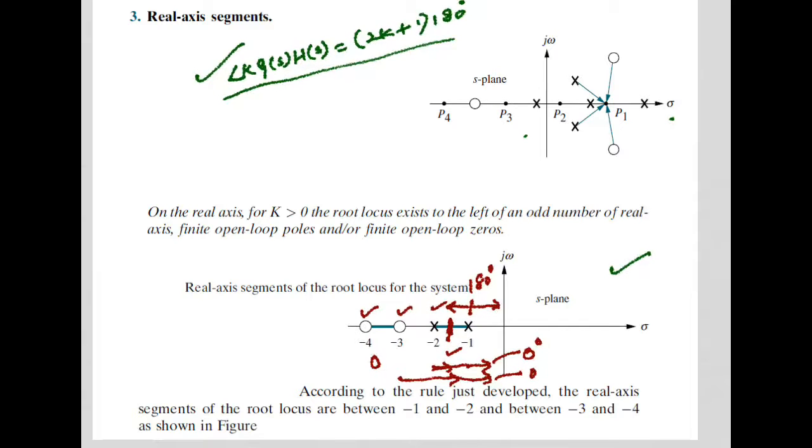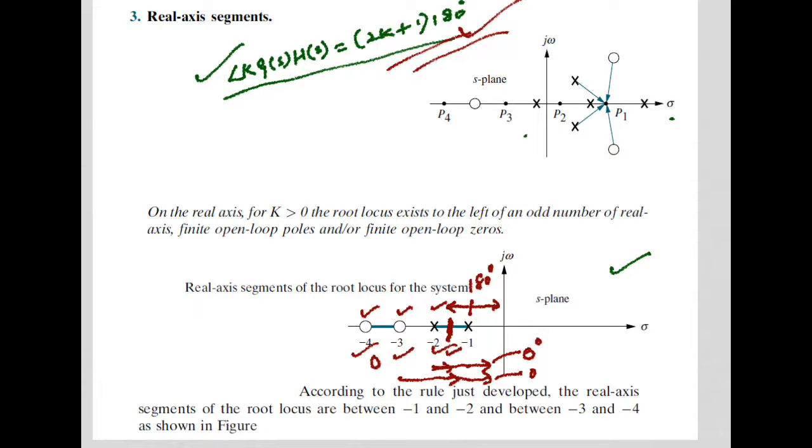So the contribution of open loop poles and zeros to the left of the respective point is 0, as we have seen. From -1 the angle would be 180 degrees, an odd multiple of 180, so there is a contribution. However, in the case of -2, -3 and -4, the contribution is 0, so we cannot have this odd multiple.